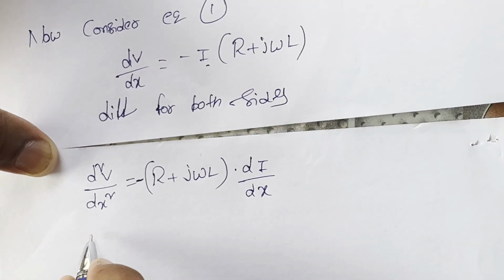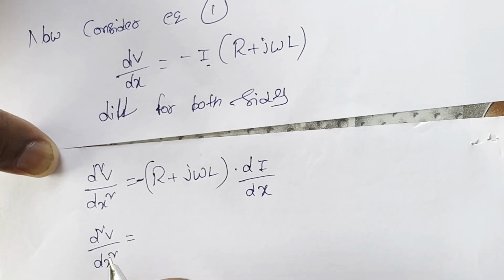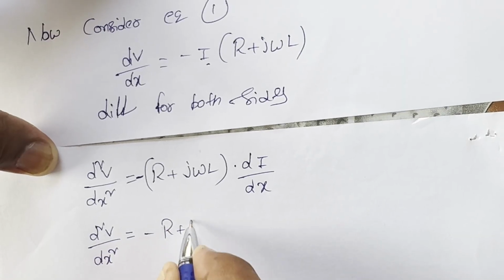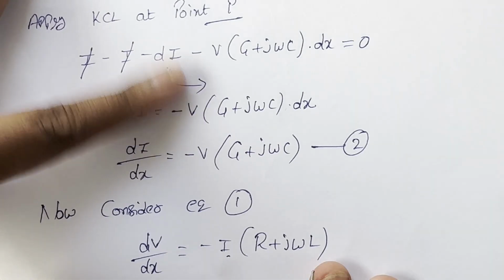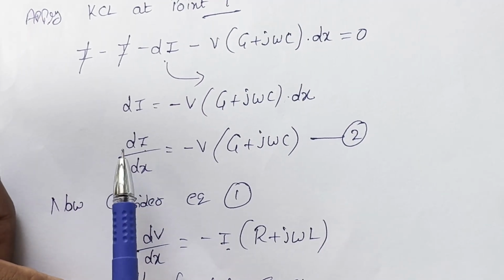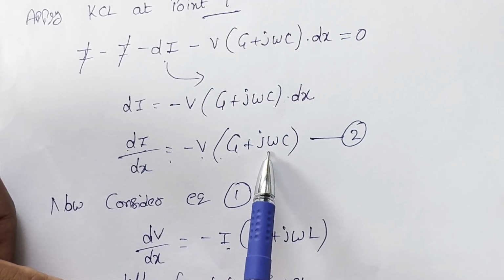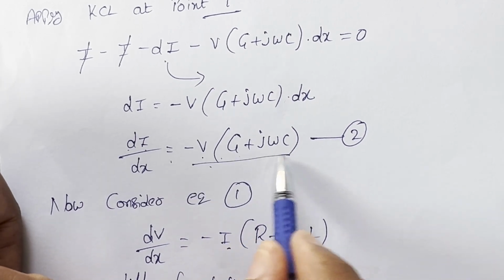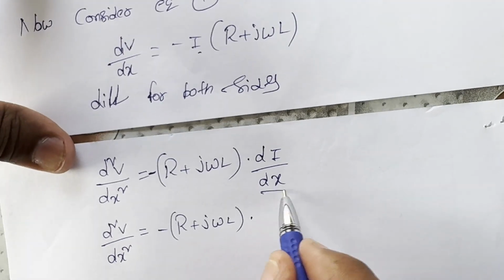So d square V by dx square is equal to minus R plus j omega L into, from equation 2 we have some expression for di by dx. di by dx equal to minus V into G plus j omega C. So I am substituting this value here, instead of this one.